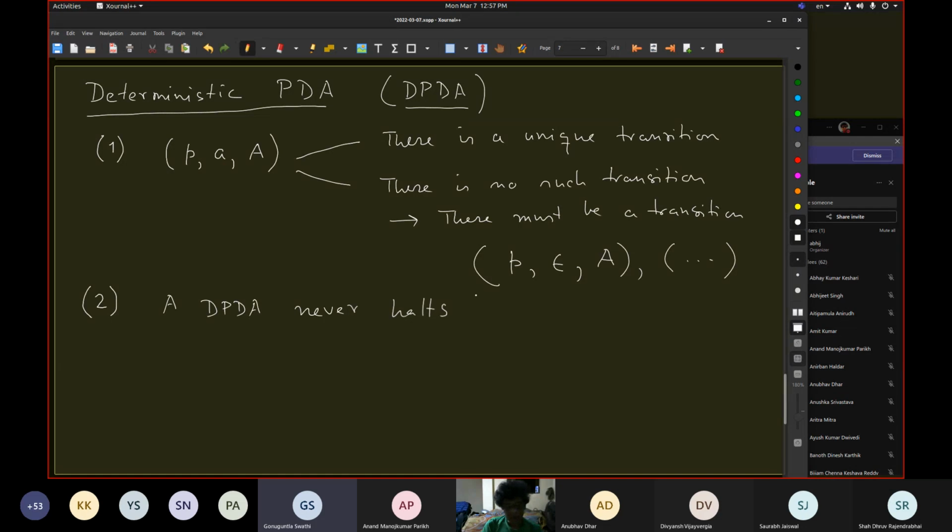Even after it has read the entire input and it is supposed to be in a so-called final state, it will continue to stay there. It's a kind of dummy loop. It never halts. And if it does not accept, then also it does not halt. So a DPDA never halts or gets stuck.